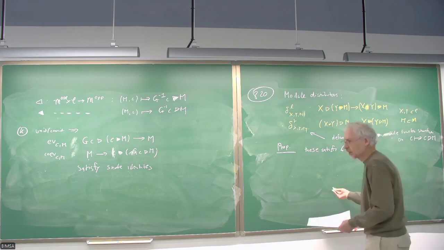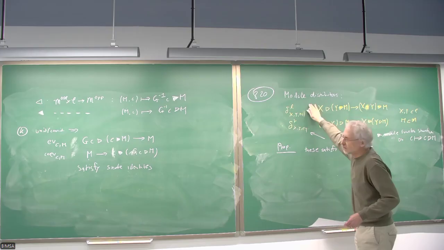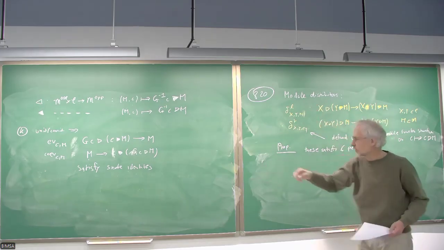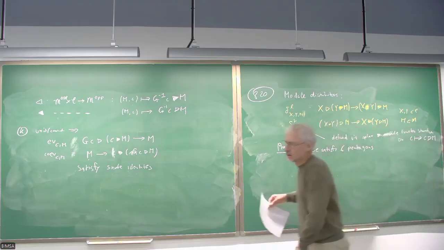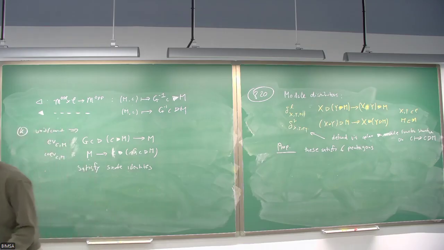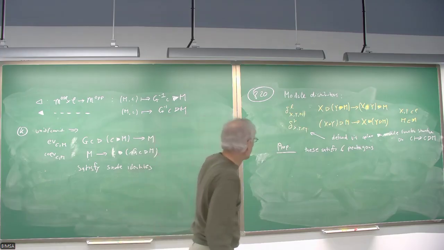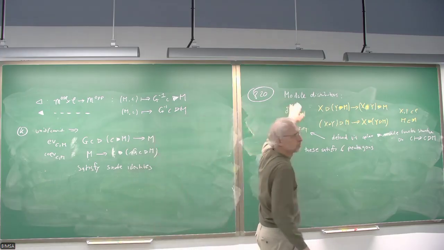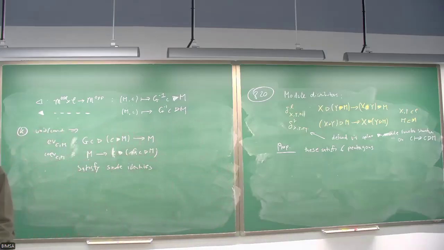For the regular module category, the module distributors reduce to the distributors, and these pentagons reduce to the pentagons. The detailed proof for Grothendieck-Verdier categories themselves goes via proving this in much more generality.